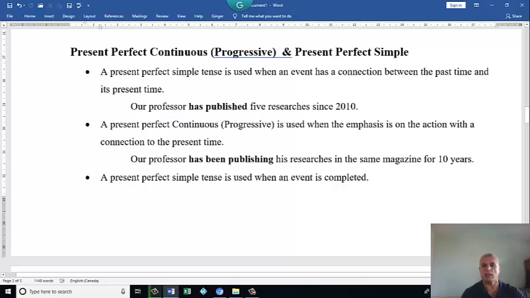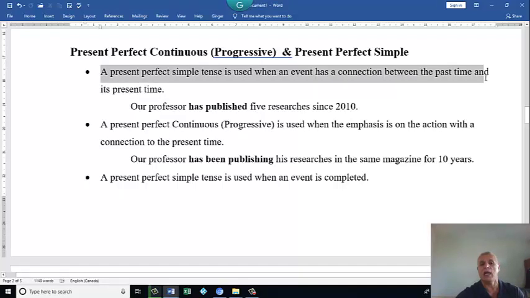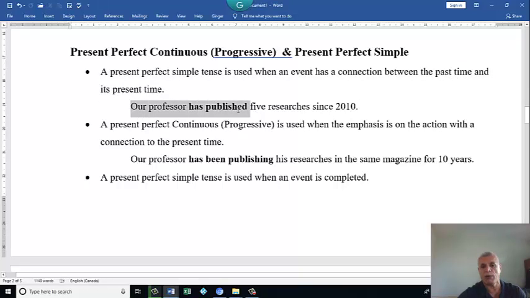Present perfect continuous or progressive, and how we make a difference between present perfect continuous and present perfect simple. For example, the present perfect simple tense is used when an event has a connection between the past and its present time. For example, our professor has published 5 researches since 2010.